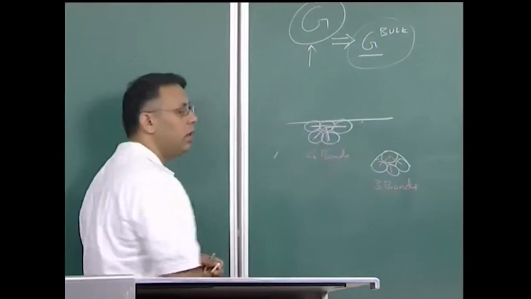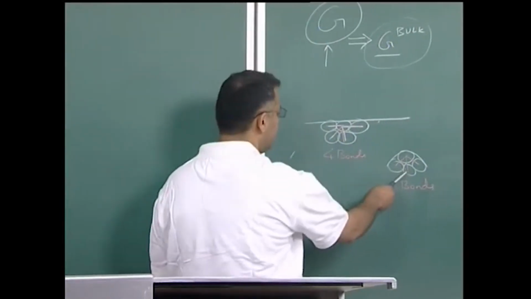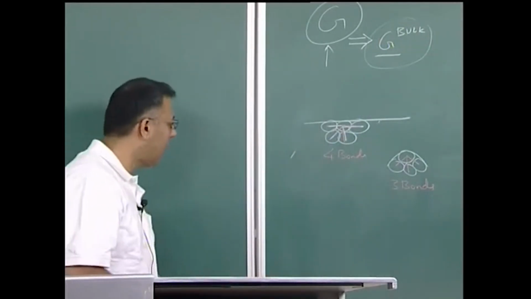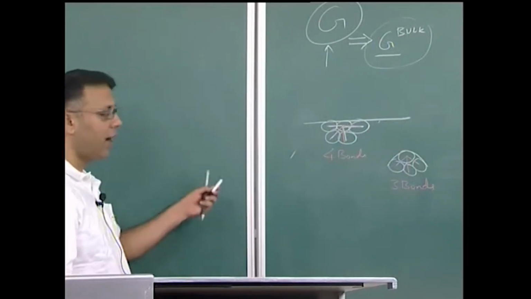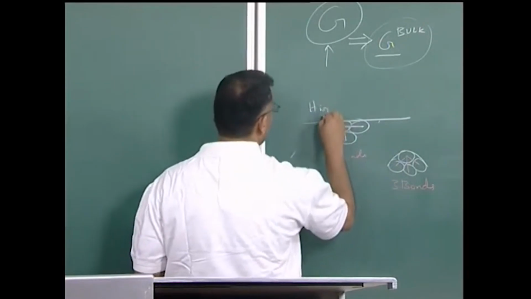That means that there is one bond lower here, and that means that this crystal is in a higher state of energy with respect to the system which is having a lower curvature or a high radius of curvature. So, this can be thought of as a system with high radius of curvature.